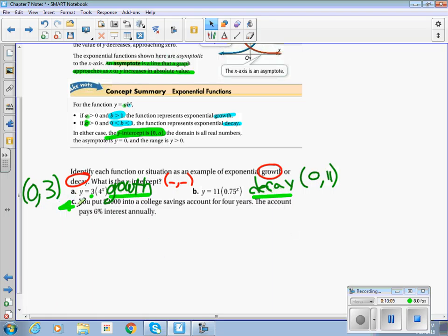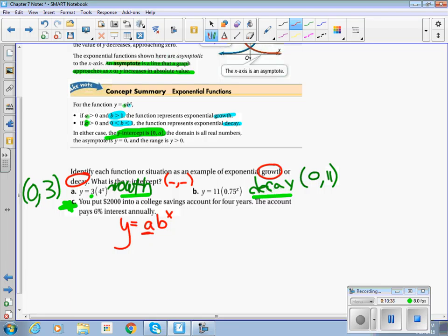All right, so let's take a look at C. C is the hard one. You put $2,000 into a college savings account for 4 years. The account pays 6% interest annually. So if I'm going to put this into y equals a b to the x, a is our y-intercept.